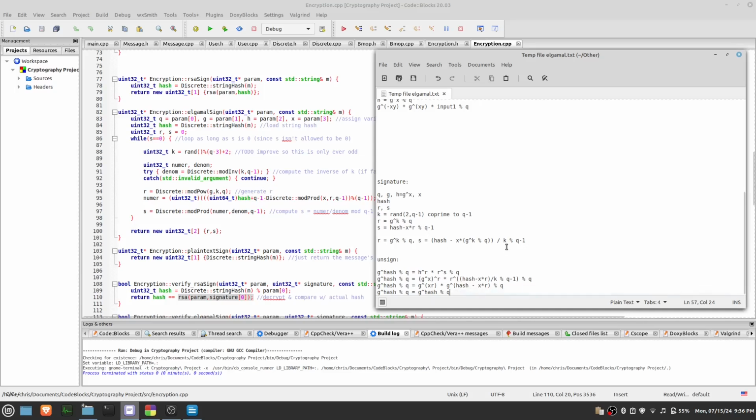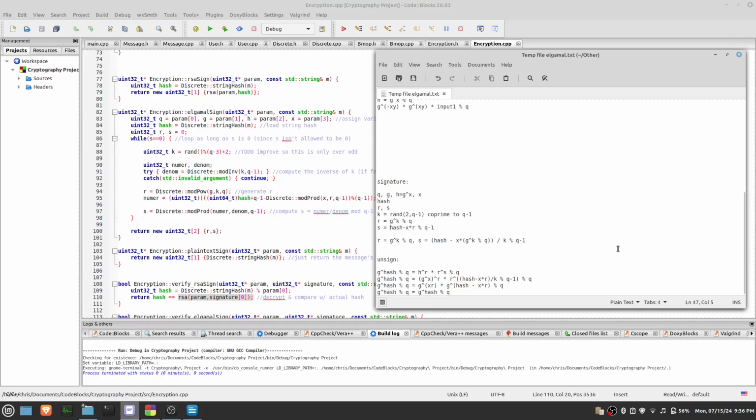Right, okay. So you compute the value r, which is the generator to the power of k mod q. And then you also compute s, which is, that's not right.